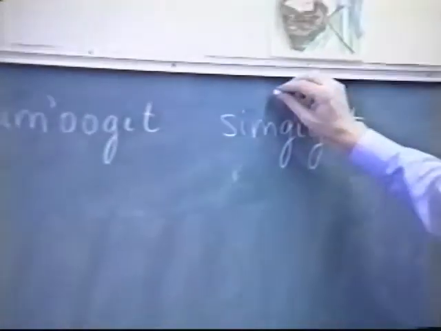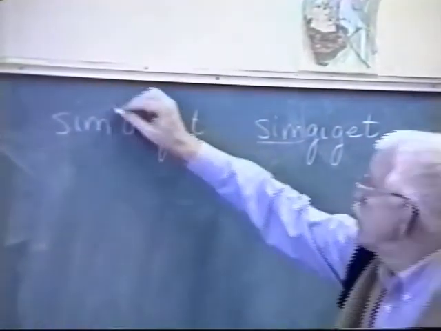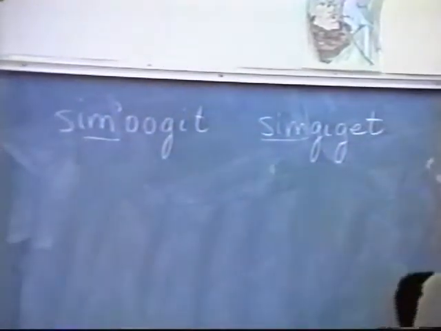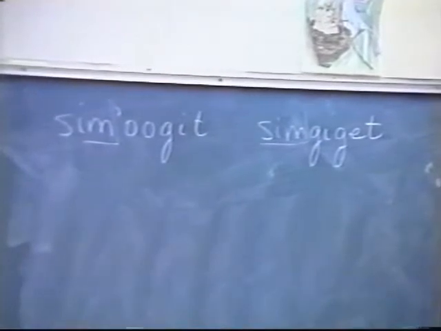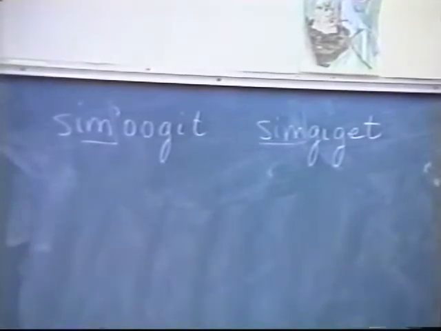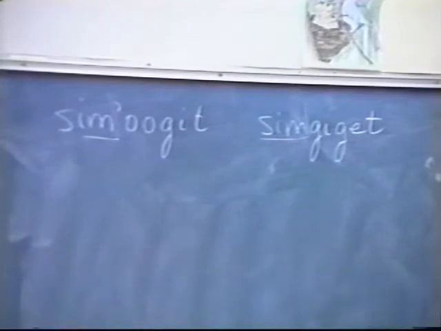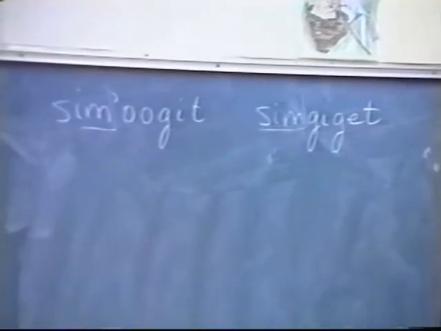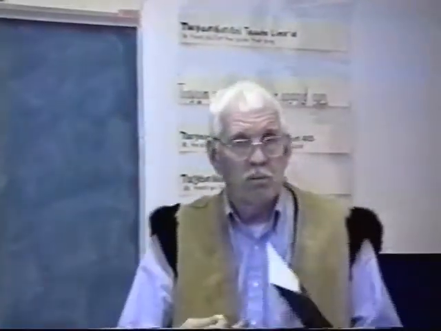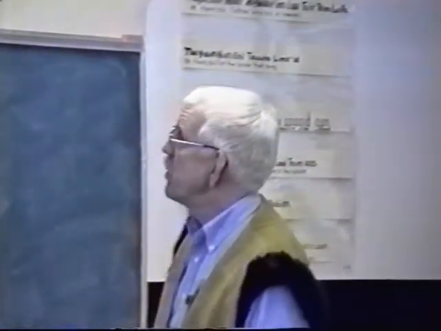It's pretty easy to see that the sim part here is the same word that elsewhere means real or true, like simran, simtili, simen, you know, what you say is true, and so forth.